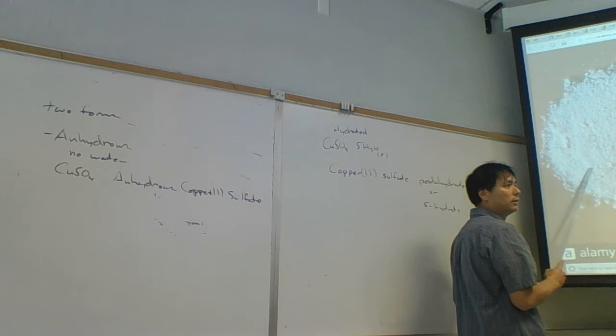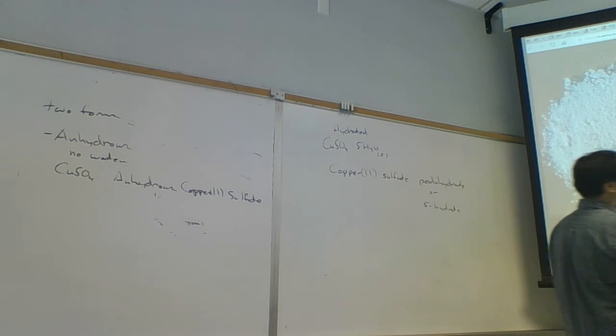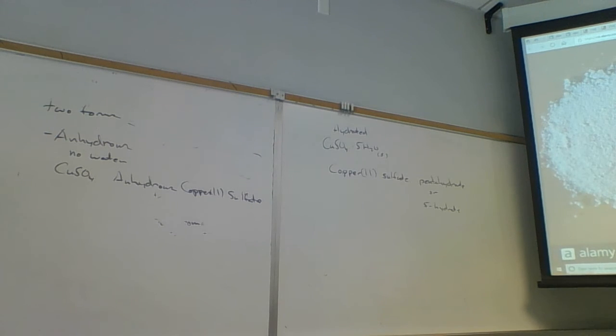It looks pretty dry, right? On the right, these crystals aren't wet, but they kind of look wet. This is the hydrate, the 5-hydrate. What happens is the waters not only get stuck on the surface, the waters can wiggle their way into the crystal structure itself.